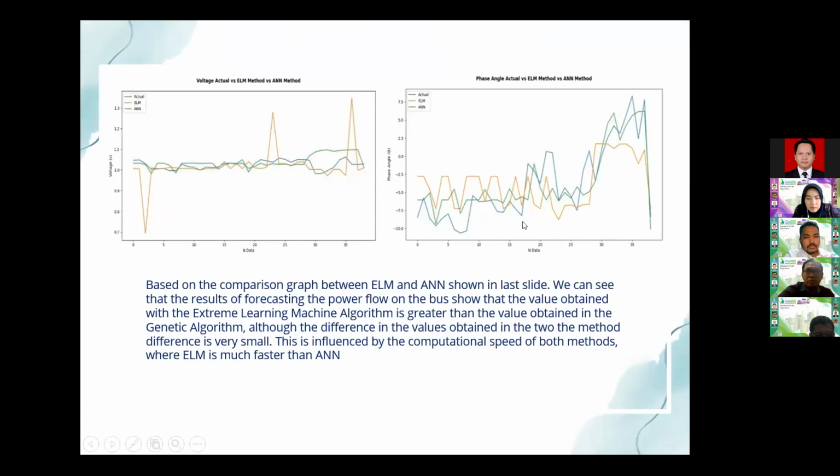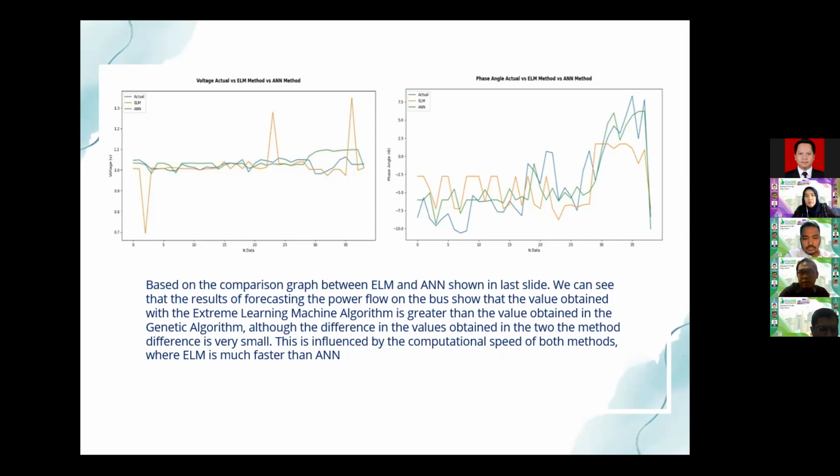Here is the comparison of the graphs of ELM and ANN. We can see that using the extreme learning machine gives a better result, and the optimal value is from the genetic algorithm.